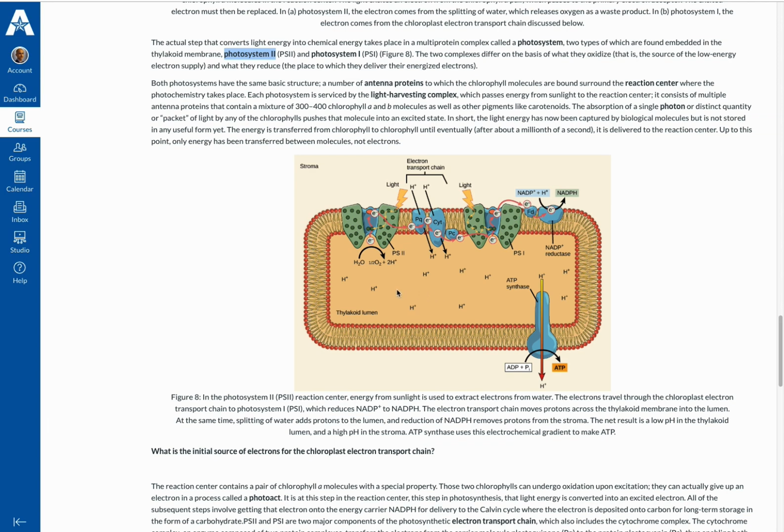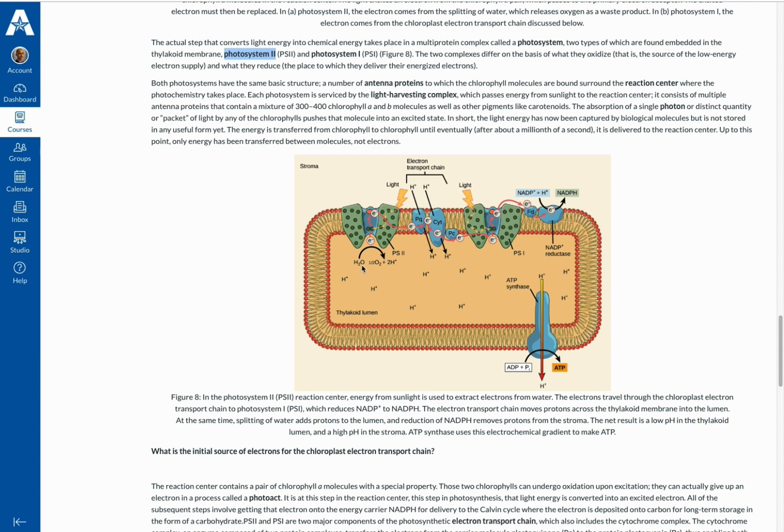And to get more electrons, we're actually breaking down water and taking the electrons from water and releasing oxygen and hydrogen ions into the thylakoid lumen. If you see right here, my cursor is over it.